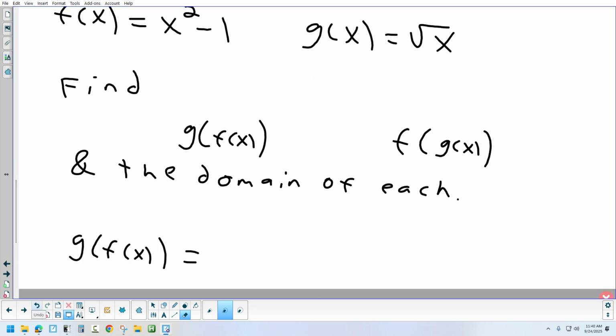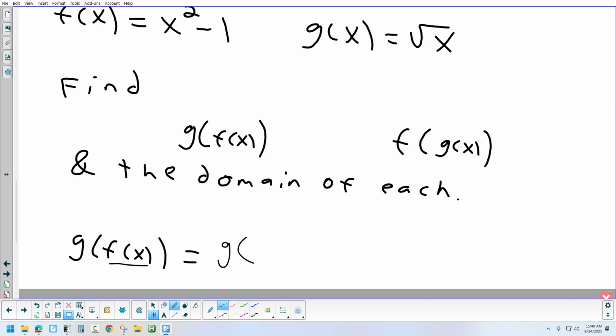All right, let's start with g of f. Okay, what's my first step to find g of f? Yeah, g of x is the square root of x squared minus 1. Yeah, let's fill in f of x.